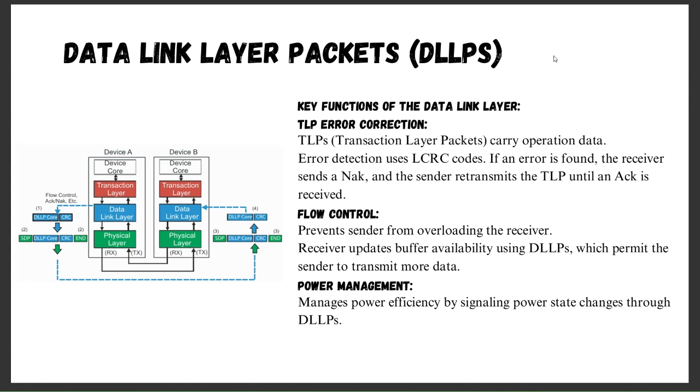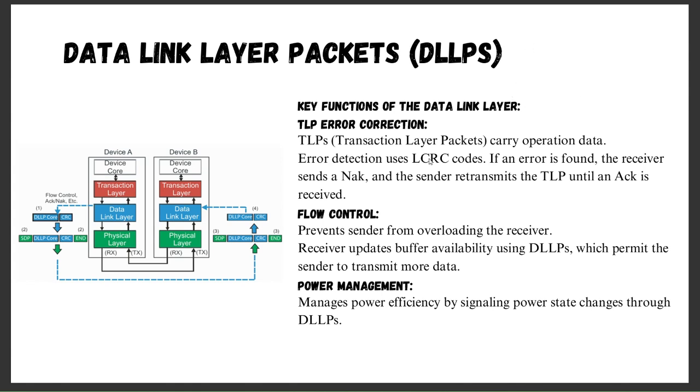If the receiver detects an error, it sends a negative acknowledgement back to the sender. The sender replays the TLP from its replay buffer until it gets an ACK, or acknowledgement, confirming the successful reception.